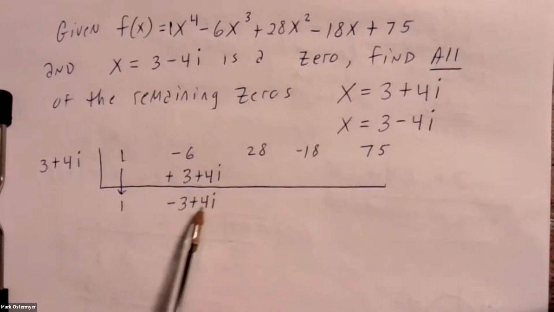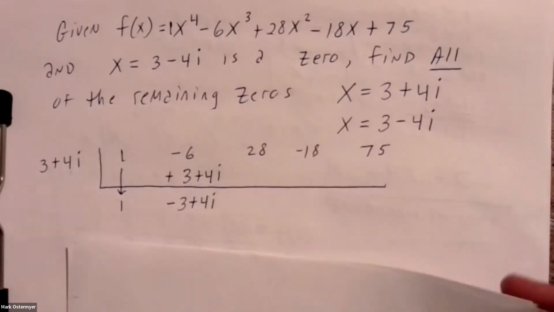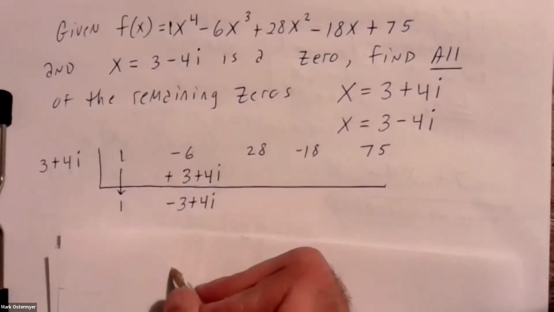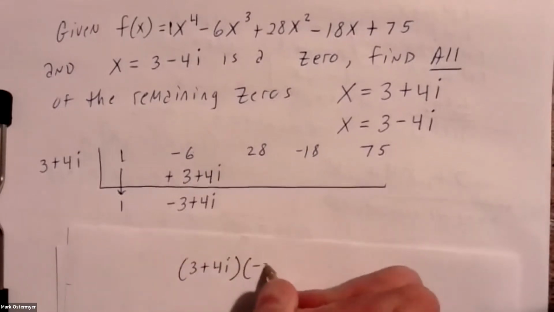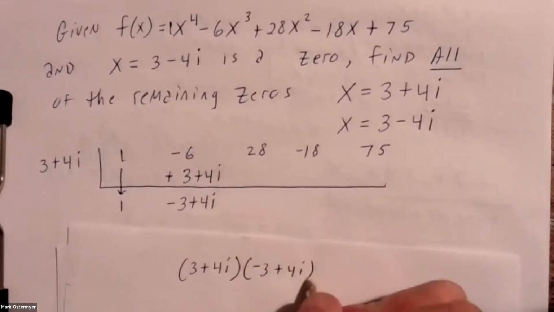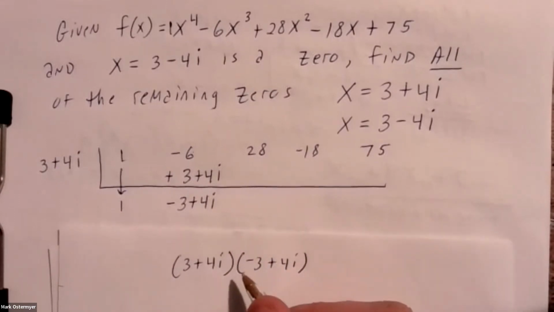To do that, you might want to work that out off to the side on your paper. I'll do that on a separate piece of paper, so I don't clutter this up. So here's my workspace. I'm going to multiply 3 plus 4i by negative 3 plus 4i, using the FOIL algorithm that we use for multiplying binomials together.